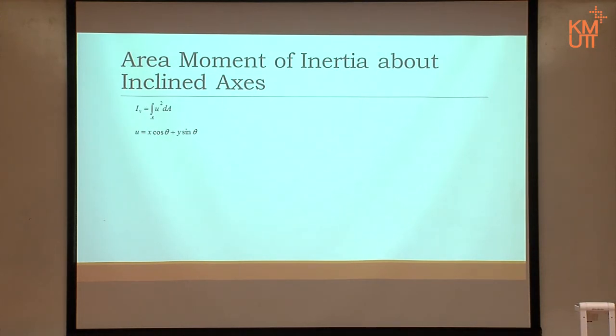Now, for IV, the same scenario. We extend the term, substitute it, expand the term. The idea is the same. Substitute that and then split out the integration. Change y square dA into ix, x square dA into iy, and that one is ixy.